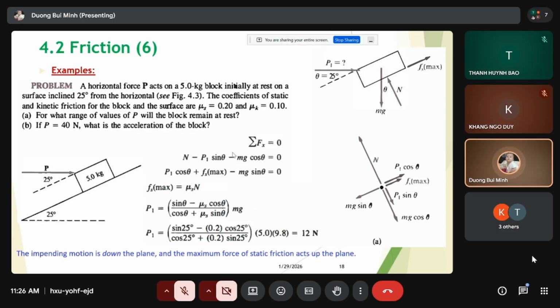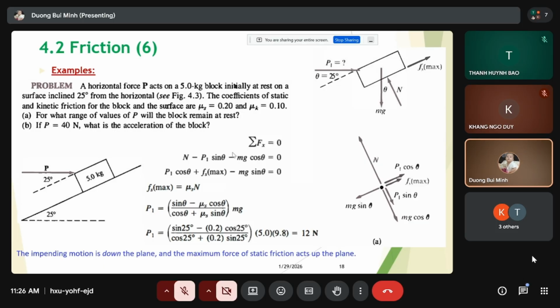So here, if we have total force Fx is 0, we can add the rest. Here you can get mg sine theta, okay?